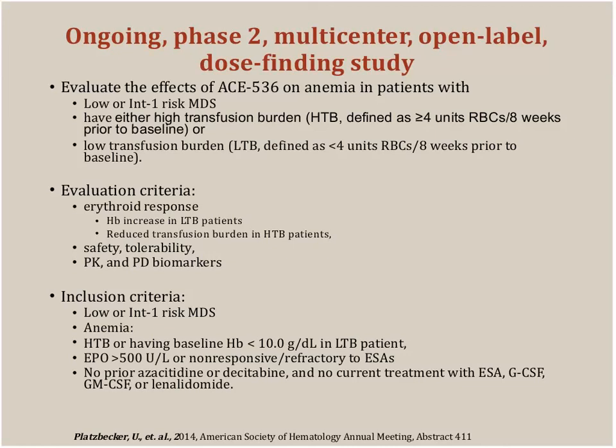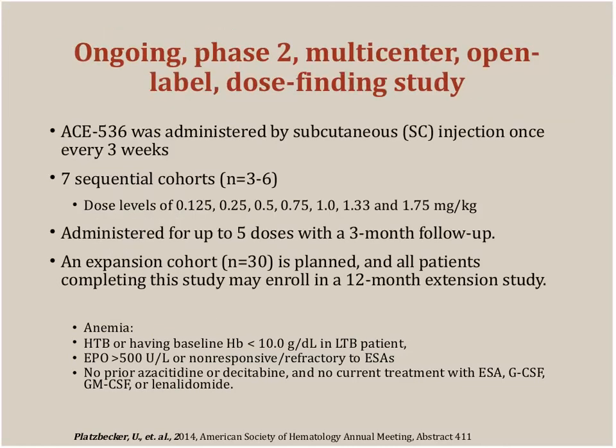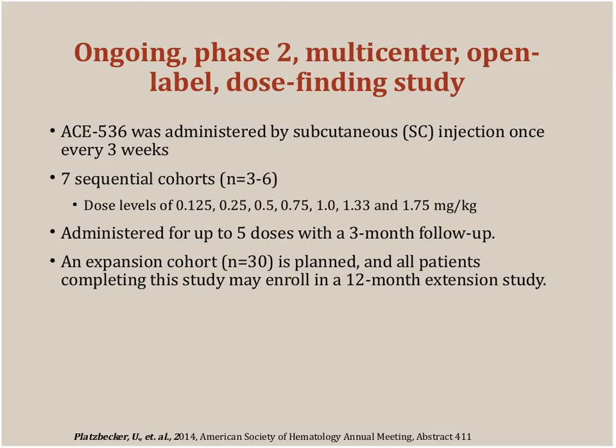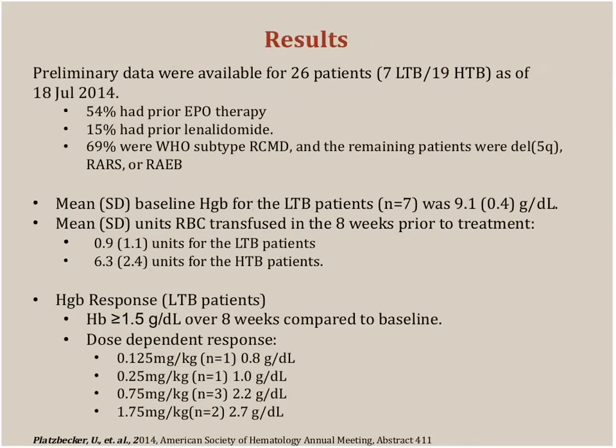In this study, there was no prior HMAs or lenalidomide allowed. It's an ongoing study. There were 8 cohorts. Patients received up to 5 doses every 3 weeks with a 3-month follow-up. And here are the preliminary data for 26 patients.